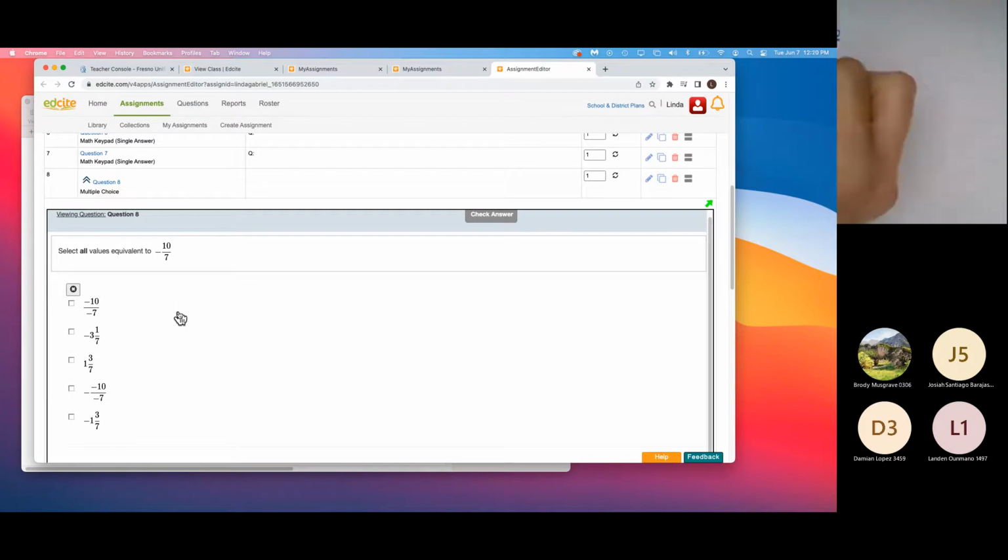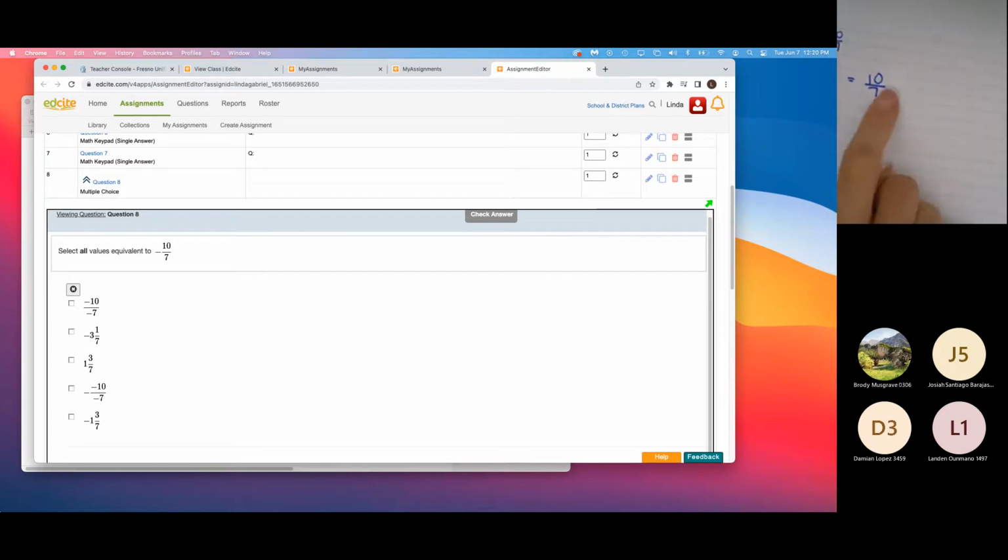And we talked about this in our last class period briefly when we talked about multiplying positive and negative fractions. When I multiply two negative numbers, I get a positive. It's called the same sign rule. Since I have the same signs here, it is always going to be positive, right? So negative 10 over negative 7 is actually equal to positive 10 over 7.